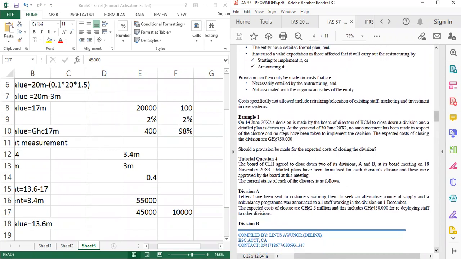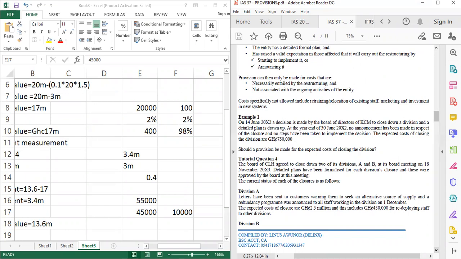Division A: letters have been sent to customers warning them to seek an alternative source of supply, and a redundancy program was announced to all staff working in the division on December 1. The expected cost of closure was 2.5 million, and it includes 450,000 for redeploying staff to other divisions.